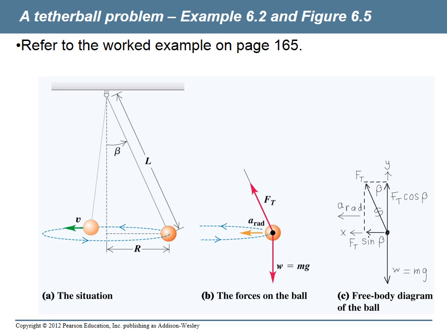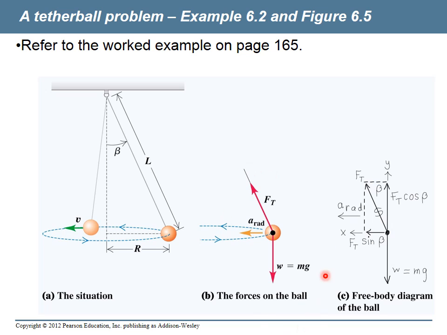But I know we always have to ask what is going on physically, right? And we know that if it's in uniform circular motion, then it's accelerating. It has to be accelerating inwardly. So I drew the ball here when it was off to the right side of the circle. It needs to be accelerating back towards the center. So I draw my radial acceleration off to the left here.